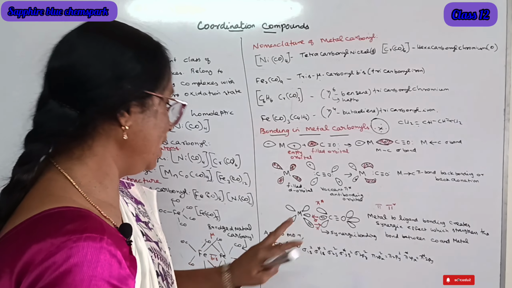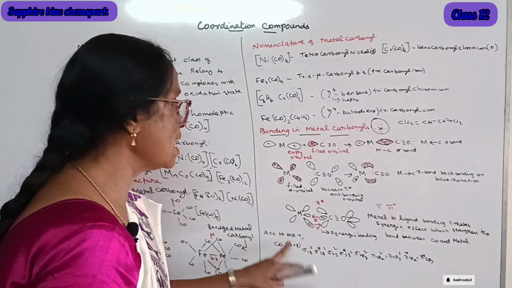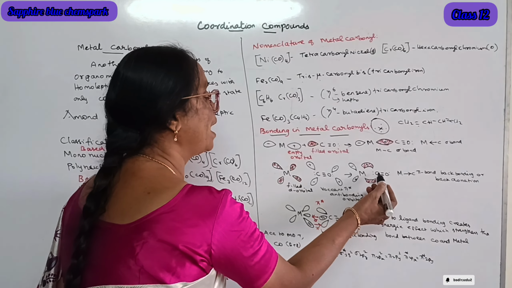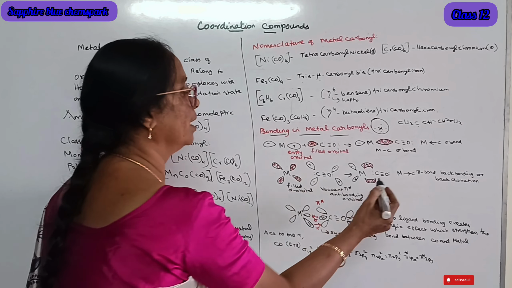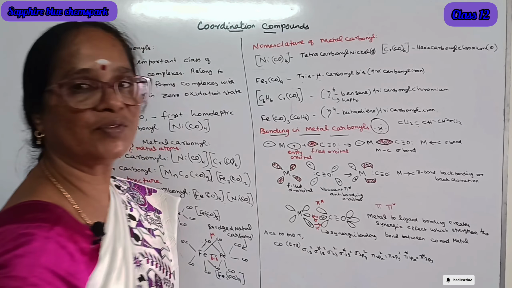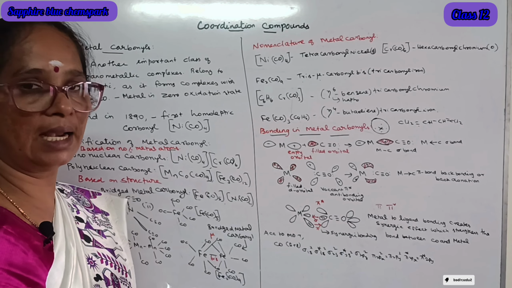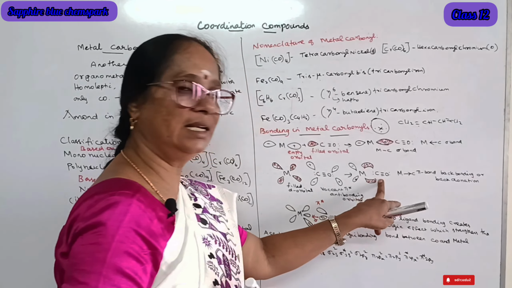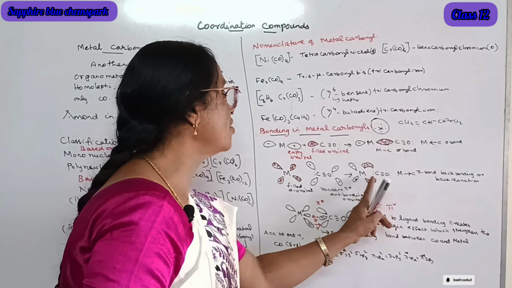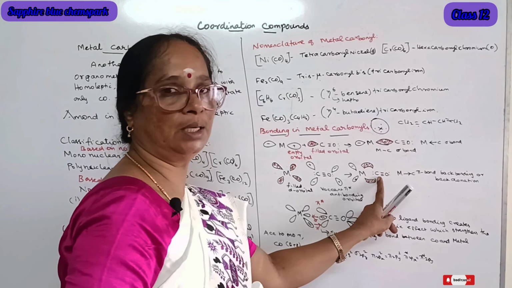So now let us look at carbon monoxide. It has a lone pair of electrons over the carbon as well as a lone pair of electrons over the oxygen atom. But it has a tendency to donate its pair of electrons from the carbon donor.